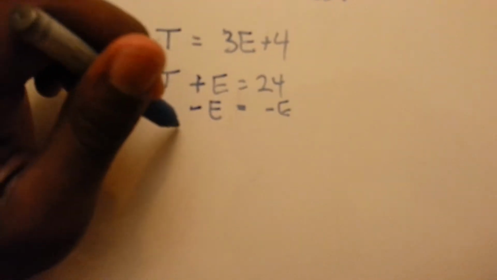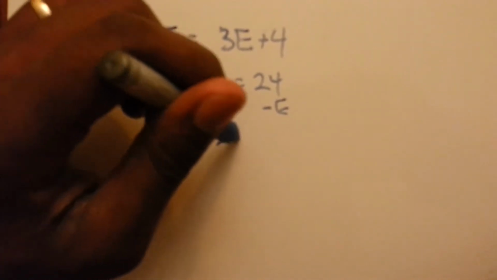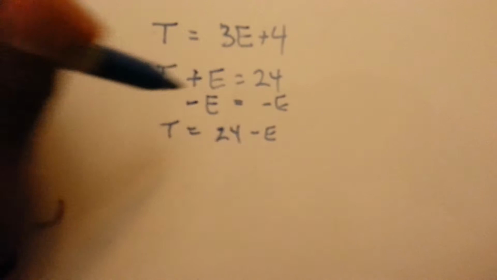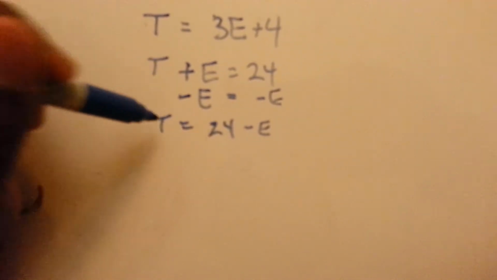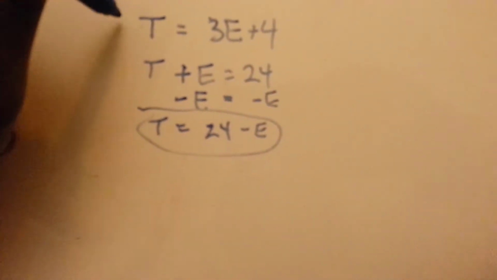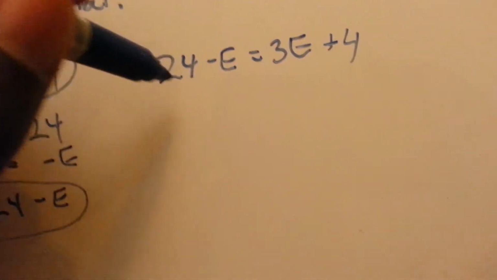So then we have t equals 24 minus e. So now I have something that I can use for t, and I'm going to put this into the first equation and set them equal to each other. So we have 24 minus e equals 3e plus 4, and then we're just going to solve for e.